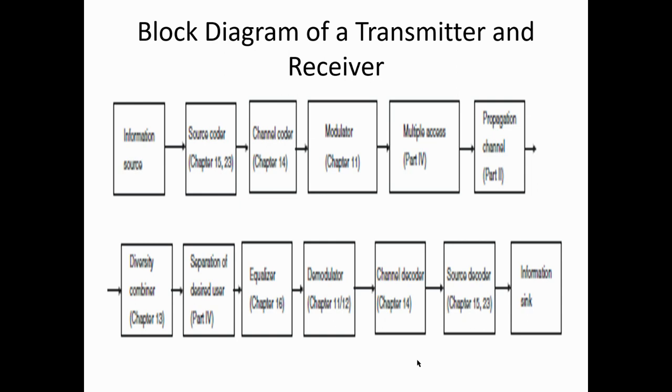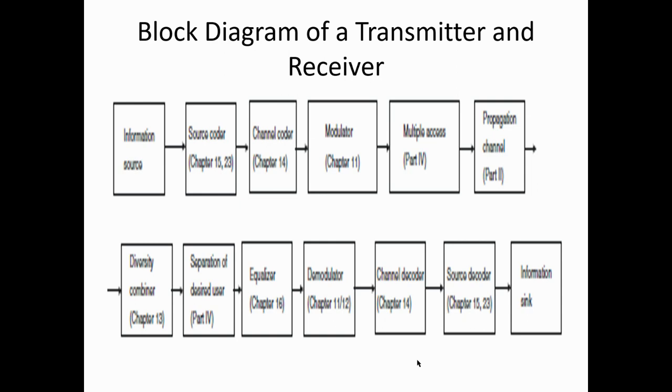We remove the redundancy to reduce the amount of source data that has to be transmitted, to reduce the number of bits transmitted. By doing so we can save bandwidth. That is the concept of a source coder. It ensures that a minimum bandwidth is used to transmit the information. So that is the functionality of the source coder.